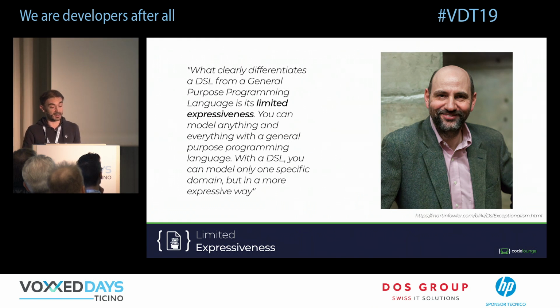But with a DSL, you can model only one specific domain, but in a more expressive way. I wanted to quote this approximate quote by one of the leading living experts on domain-specific languages, Martin Fowler, here in the picture. You probably know him for his book on refactoring, but there's also a very beautiful book on DSLs, and on his website there's a lot of material about domain-specific languages.